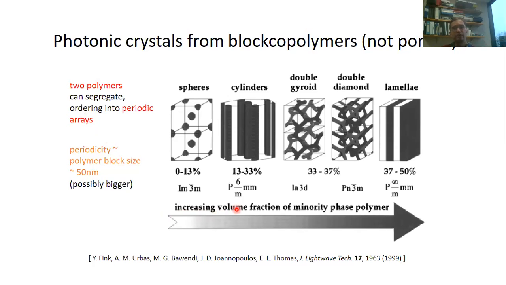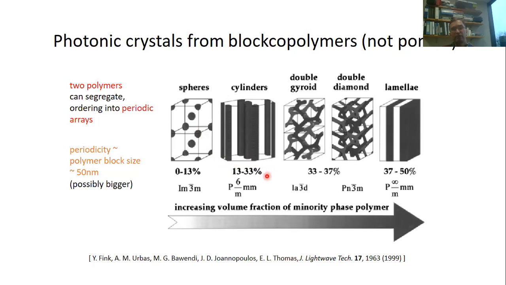So you see that when we have 0 to 13% volume fraction of the minority phase polymer, then we are getting spherical entities that are being packed into a close packed structure. In this case here, it's actually a body-centered cubic packed structure.